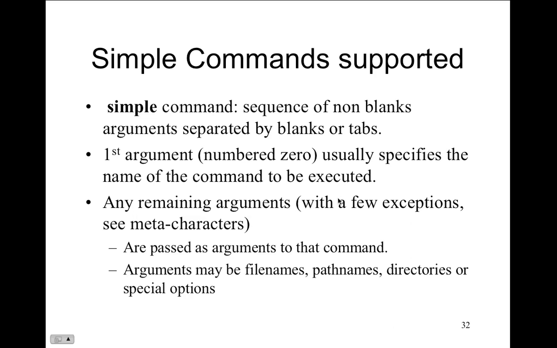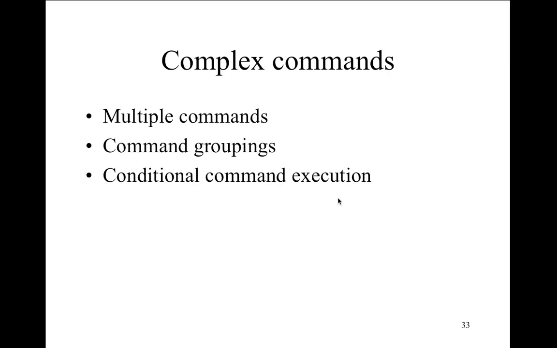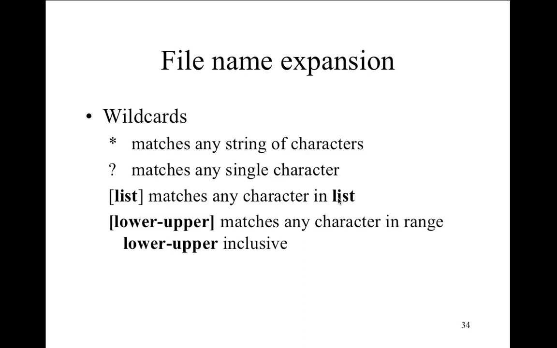In fact, this is the root, because everything that we're running on a computer, we're running in the form of a shell, and the Unix kernel, or the kernel, depending upon what breed of operating system you're on, is the command interpreter, and it's actually reading what you're sending to it and processing it. Most shells also support complex commands: multiple commands, command groupings, conditional command execution, file name expansion, wildcards.